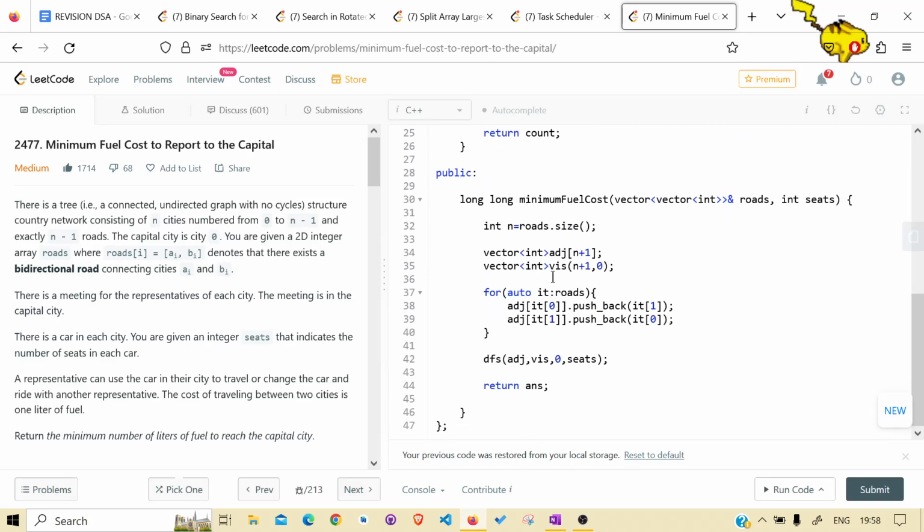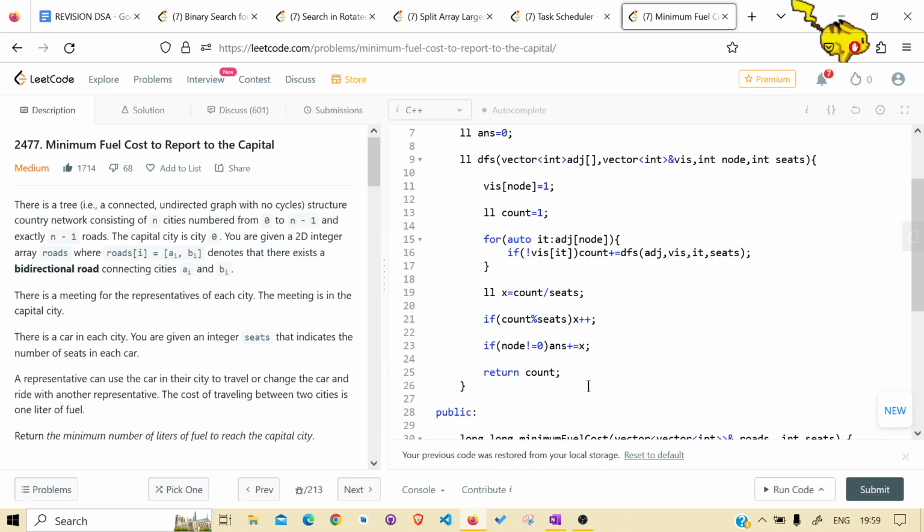So start from here. N plus 1, basically making the adjacency list, making visited. You know why visited, if you have done graph tree. I'm not going to explain why visited because we don't want to go in a loop. Making of the adjacency list, bidirectional, okay, then the call and the answer.